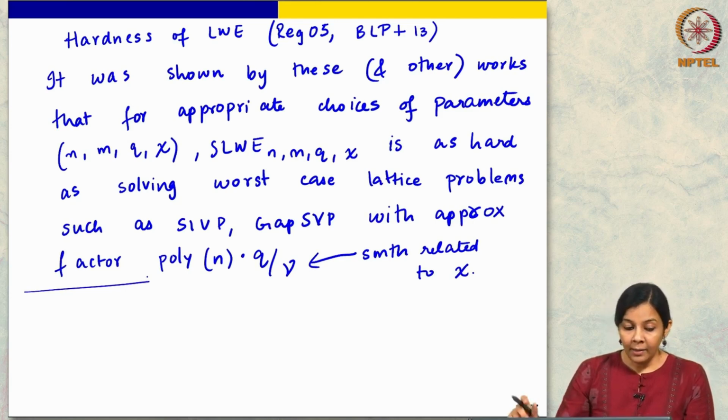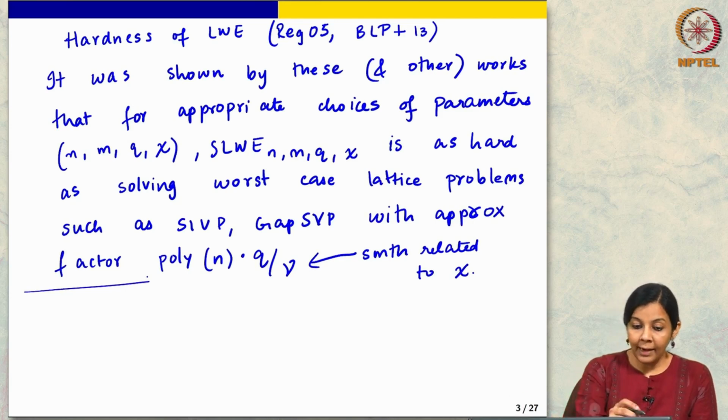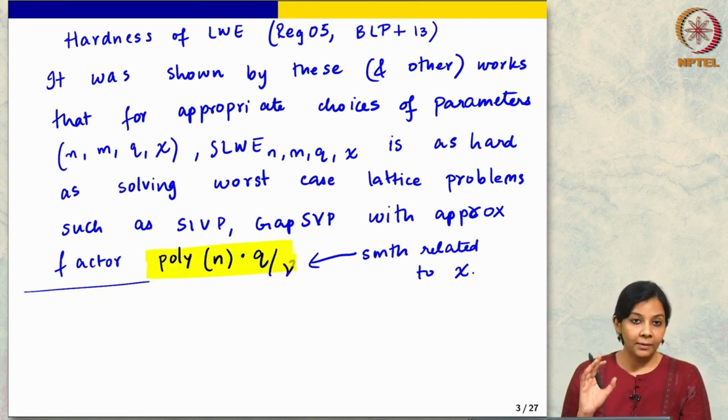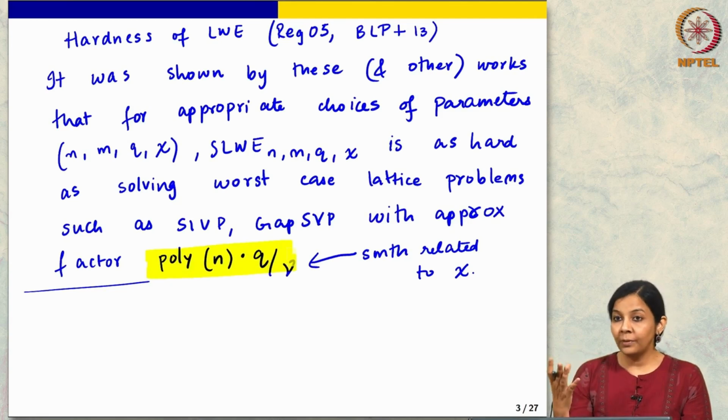LWE is hard. Here I should mention that we really are using the approximate version of these underlying problems. Okay. So, if you remember how we defined this shortest vector problem and so on, we had approximate versions where we said that even if you can't get the exact solution, if you can get it up to some approximation, that that is still useful.